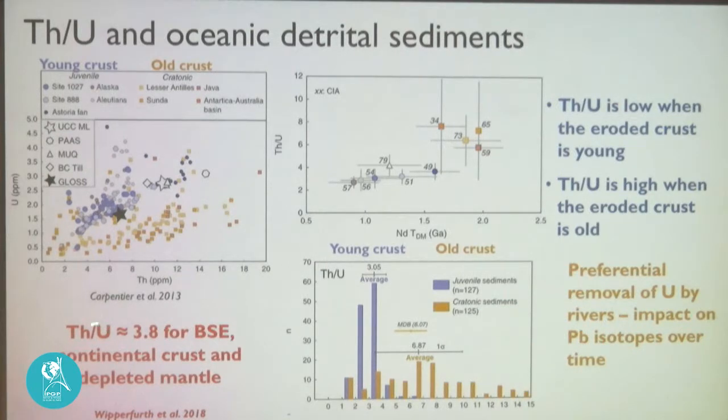It's a ratio that's very uniform in magmatic rocks, and it's 3.8 for the primitive mantle, bulk silicate Earth, the continental crust, and the depleted mantle. A new estimate has been published, I think it was 2 weeks ago.